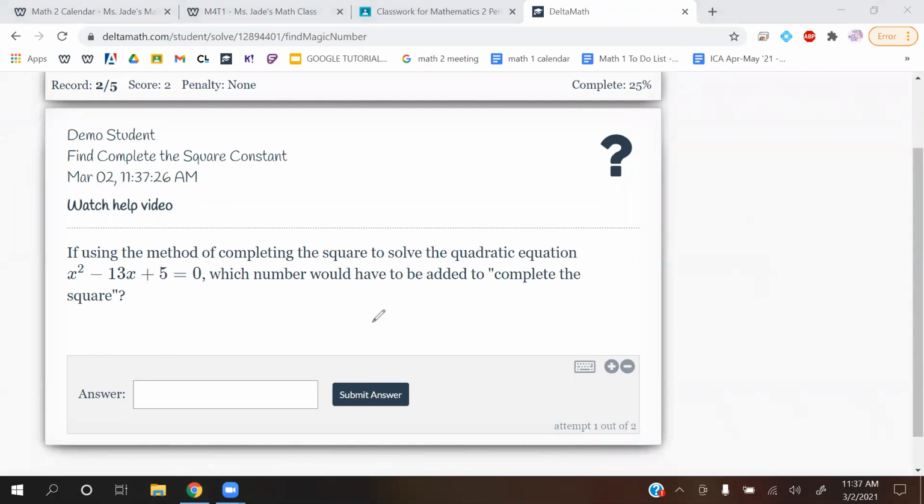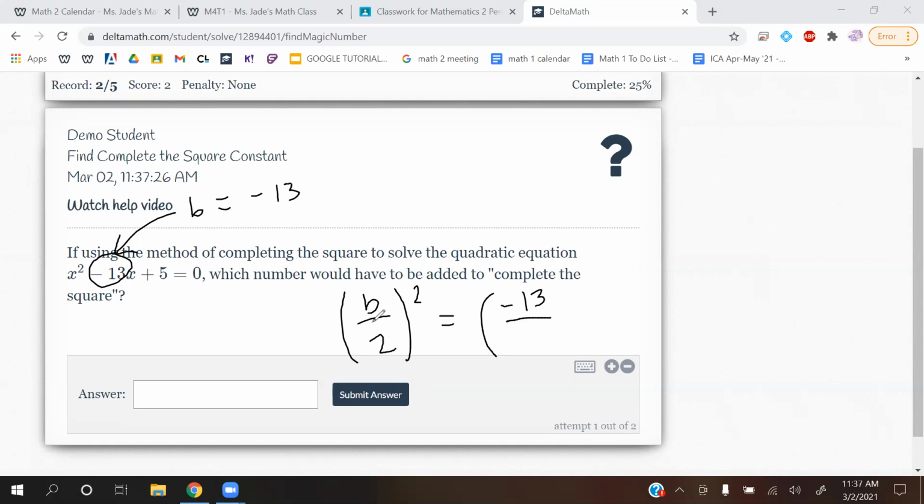Somebody asked, can we just look at the b value, and then just do the formula from there? Yes, we can totally do that. Let's do that one. So we know that b is equal to negative 13. So we have our formula b over 2 squared, which is negative 13 over 2 squared.